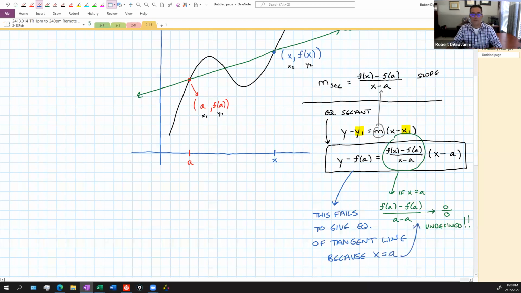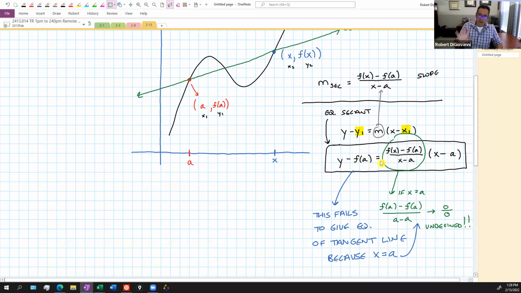That equation is no good if I'm trying to find the equation of the tangent line. That equation works perfectly fine if I have two distinct points and I'm just talking about a secant line. But if I'm trying to move the point on top of the other, that equation won't work.